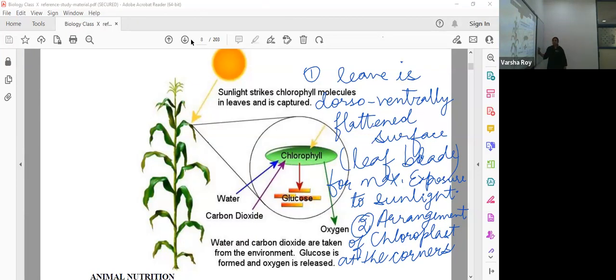So the arrangement of chloroplasts in the mesophyll is at the corners, and the whole mesophyll under the upper epidermis is spread with chlorophyll. So the arrangement of chloroplasts is at the corners of the mesophyll bundle, so that maximum exposure is there.